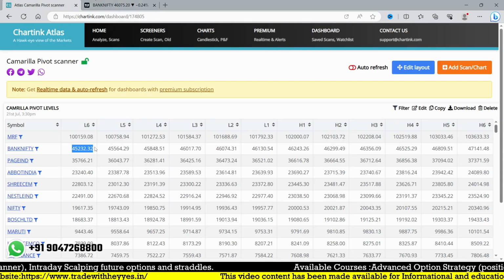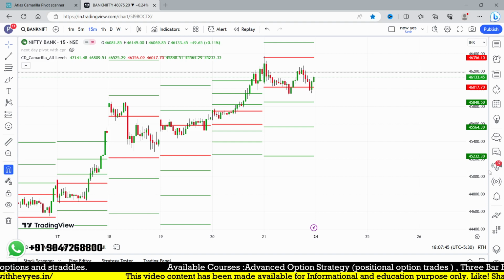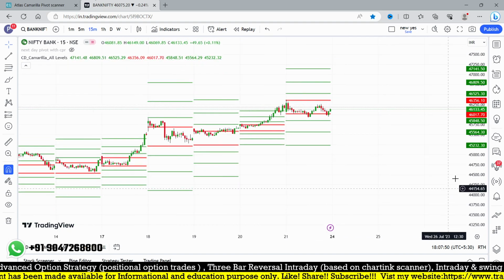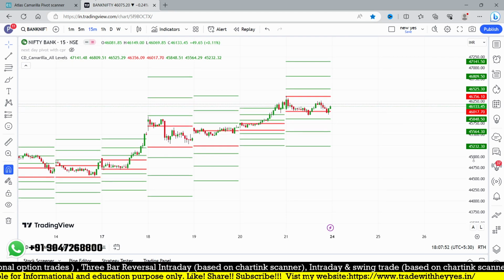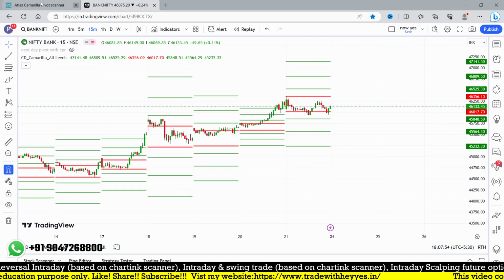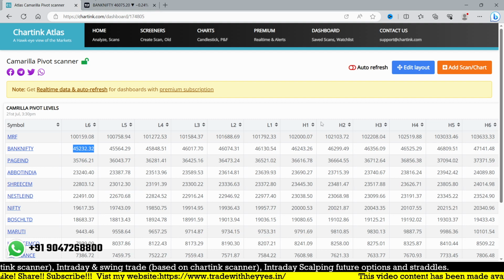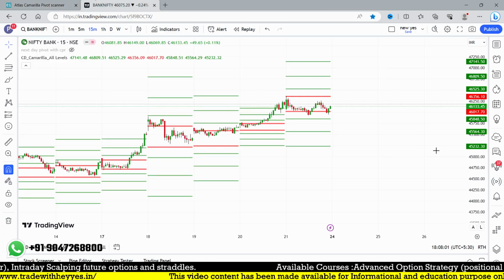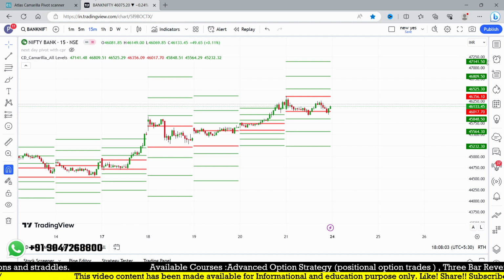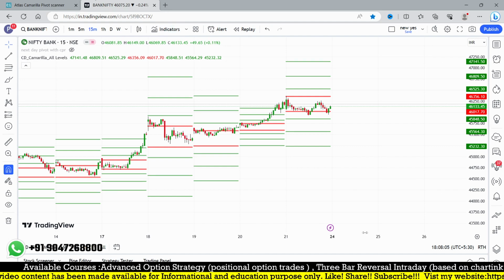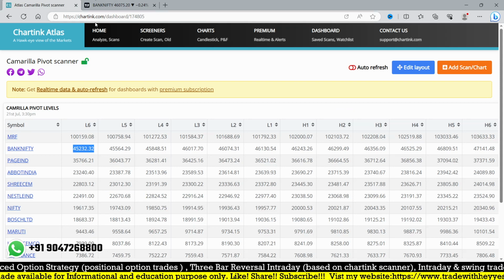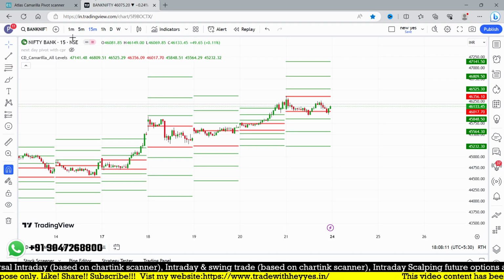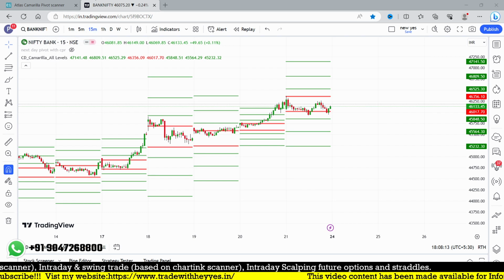What is the level on the chart? 232.32, here 232.30. The charts may differ slightly, but it is only a point difference between 30 and 32. Similarly for H6, Bank Nifty is at 46,141. So whatever levels we derive in this Camarilla scanner exactly match our chart. So our scanner, or our custom indicator, is working.